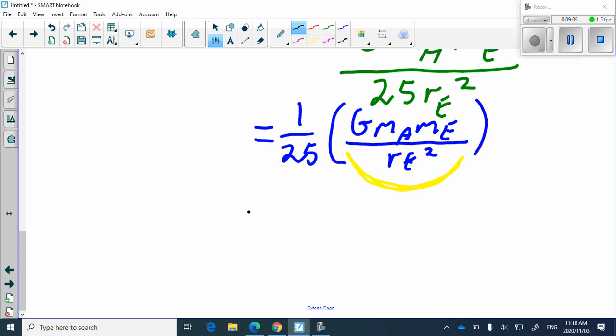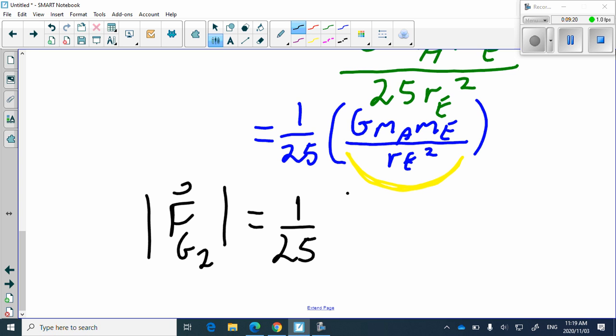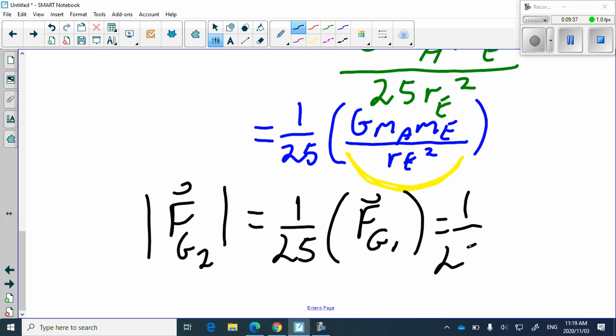So this is saying the magnitude of the force of gravity on the astronaut in the second situation, when he or she is 5 times the radius of the Earth away from the center of the Earth, is 1/25 of force of gravity 1. Okay? It's literally equal to 1/25 of your 634 newtons.